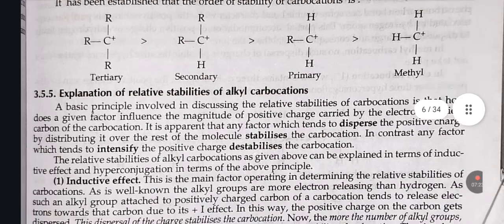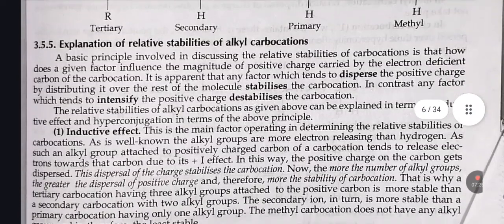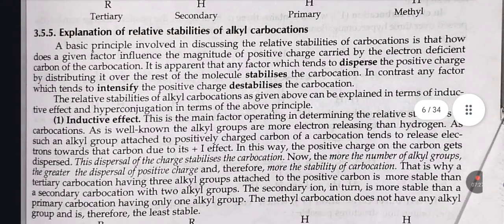Explanation of relative stability of alkyl carbocation. A basic principle involved in discussing the relative stability of carbocation is how a given factor affects the magnitude of positive charge carried by the electron deficient carbon of the carbocation.